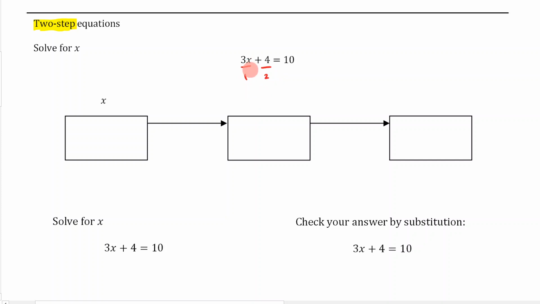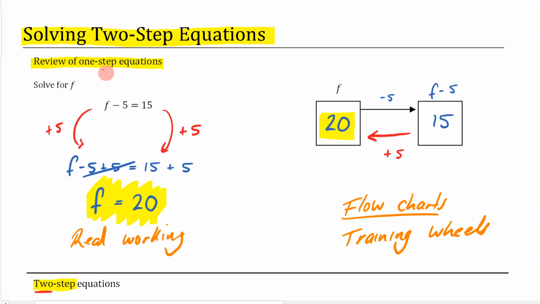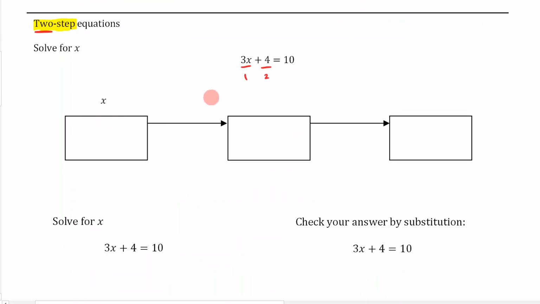I'm timesing it by 3, I'm plussing it by 4. There are two operations here that are occurring. That's why we call it a two-step equation. As opposed to what we saw over here, when we're talking about one-step equations, there was only one step. There's only one thing here. You're only minusing 5. There's only one operation. So a two-step equation is when you have two operations occurring.